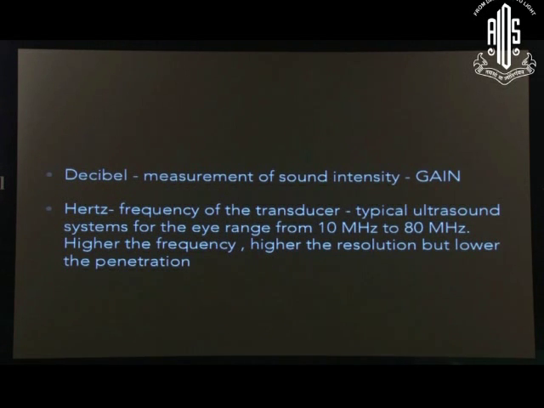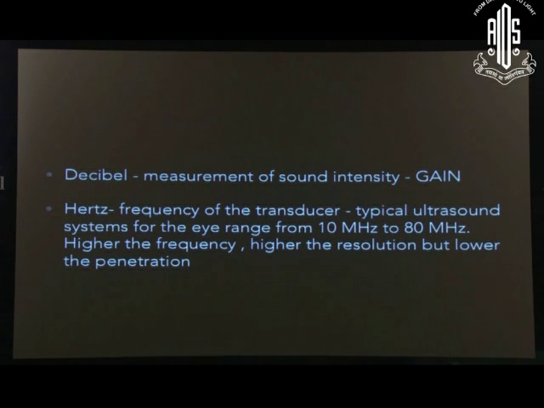Other terms which we need to know are decibels. You see sometimes on the top of your screen a small sign saying dB. Basically, it's the measurement of sound intensity, also referred to as the gain, and this is the intensity of the sound that is used on the transducer to apply on the eye. And the second term is the hertz, the frequency of the transducer.